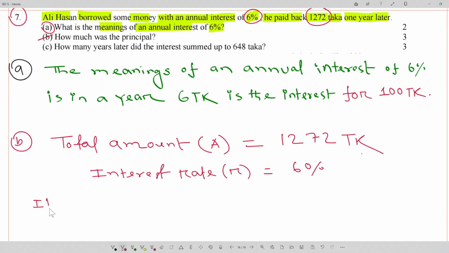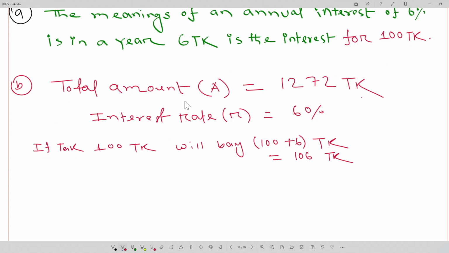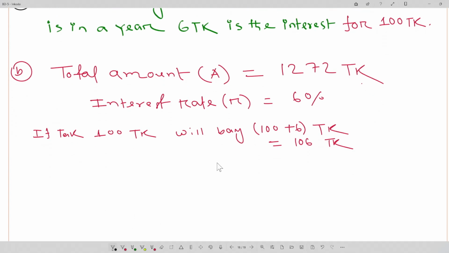Now it's important: if he takes 100 taka at 6%, it means he will pay 100 plus 6 taka, right? It means 106 taka. And now look, he paid 1272 taka.